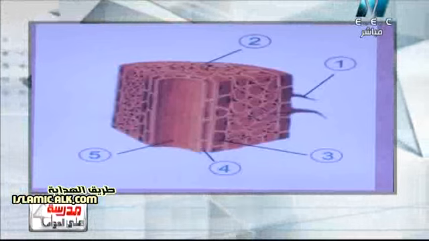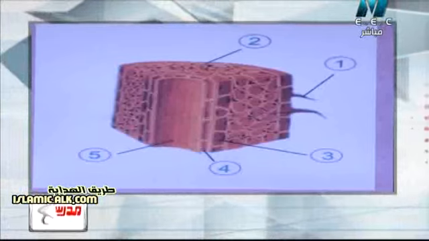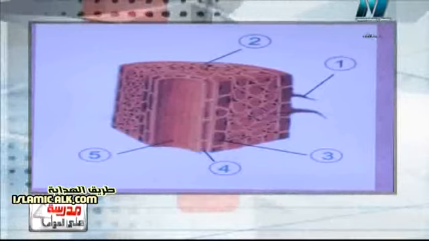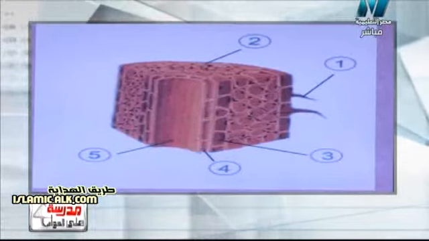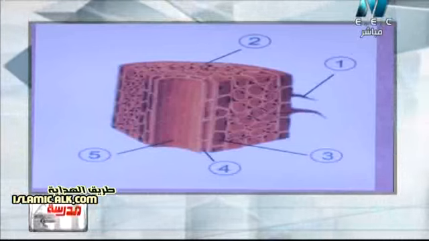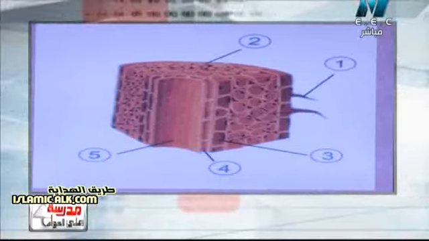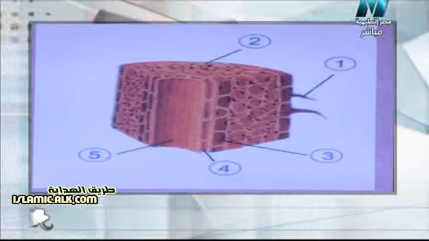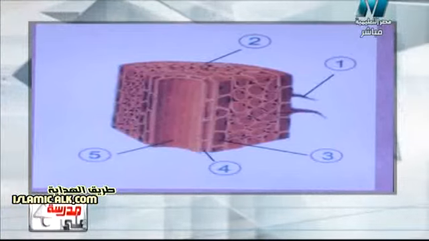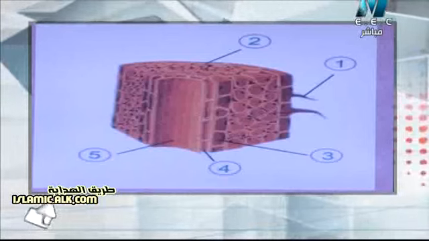So we have 4 layers in this question, but number 1 here is the root hair, which is responsible for absorbing water from the soil. Again, the root hair is responsible for absorbing water from the soil. So what about the 4 layers? They are the cortex, the endodermis, the xylem, and the pith.